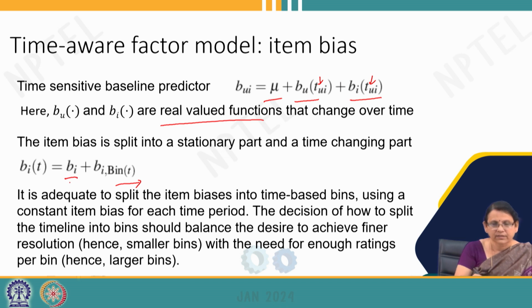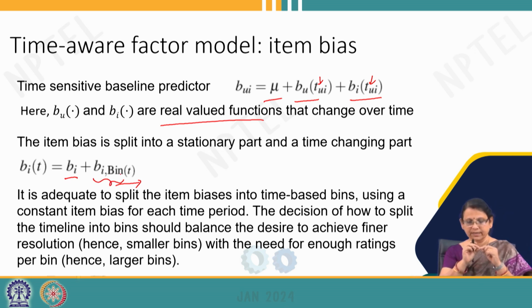One part is a stationary part, that is b_i, and then the other part we are taking as bins over the time. So, this part is going to vary if, let's say, we are making a model using the total time horizon of 1 month.